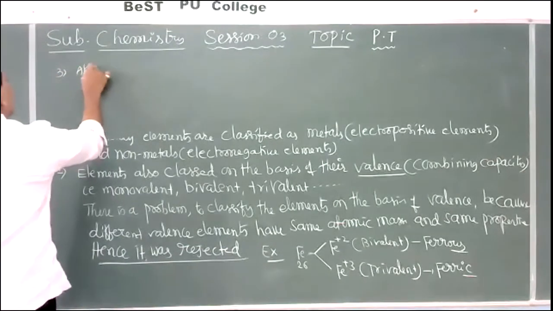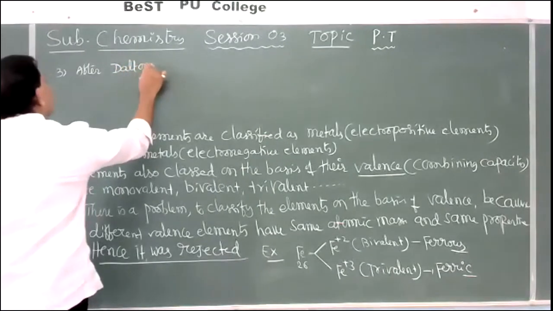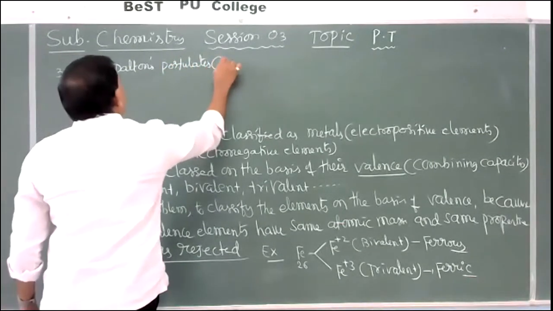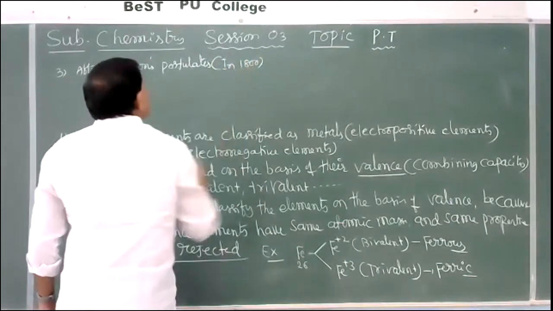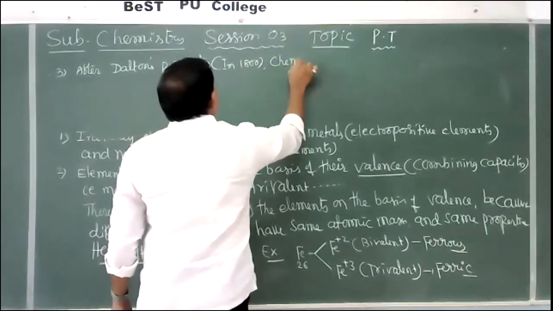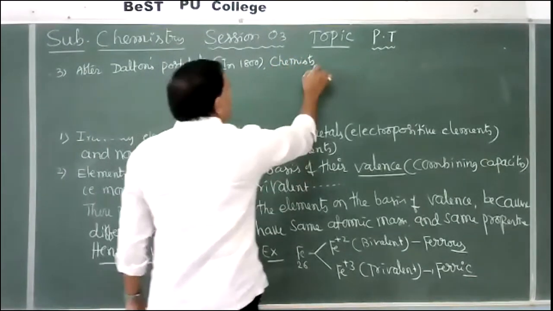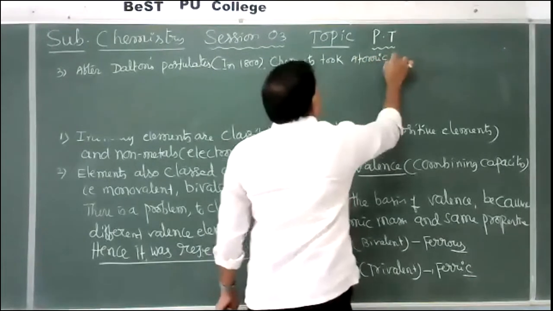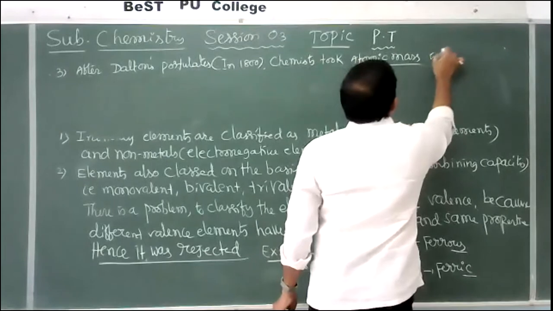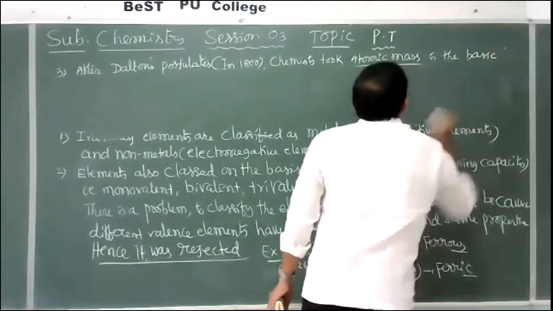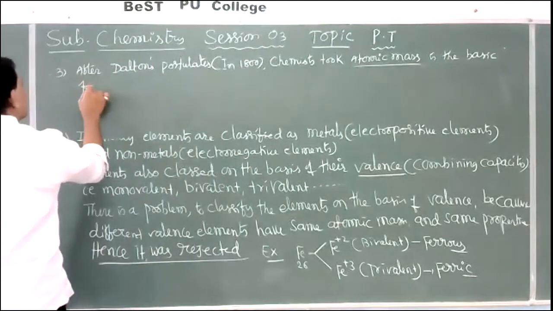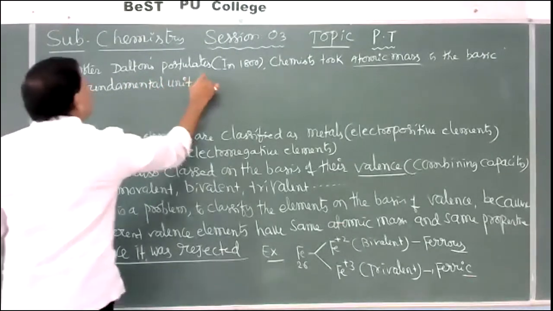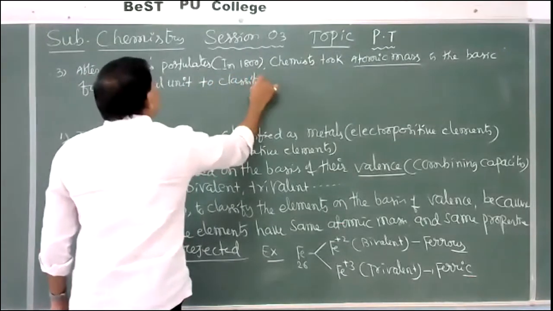After Dalton's postulates, in 1800, chemists and scientists took atomic mass or weight as the basic fundamental unit to classify the elements.